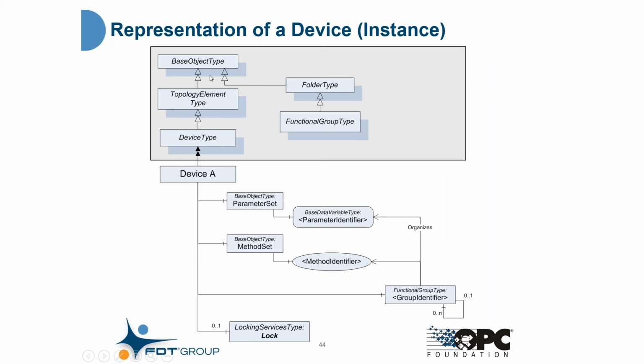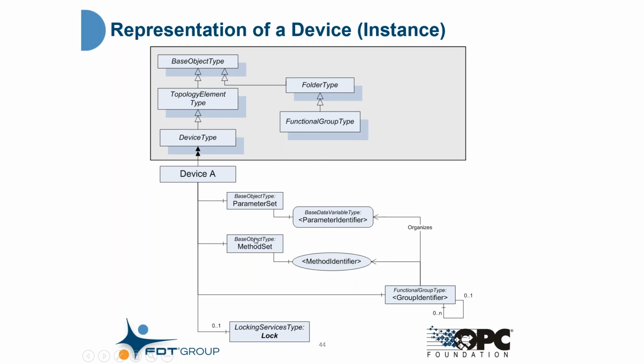So in the type section we have a specific device type, and the device inherits information from that. And then the device provides a parameter set, which is a flat list of all parameters supported by the device, and a device method set, which is a flat list of all the methods related to the device.